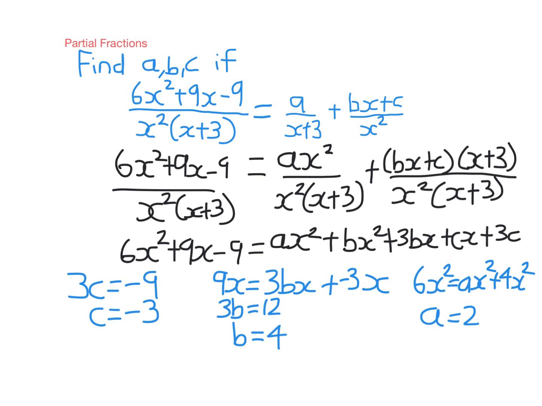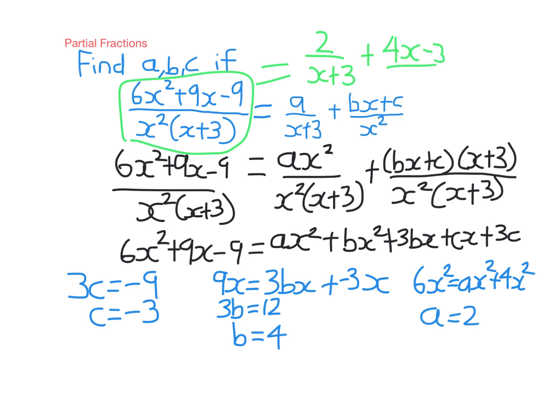So that means that this expression here can be decomposed as 2 over x plus (b is 4) 4x plus c, that is 4x minus 3, over x squared. And again, this is very useful in things like calculus.